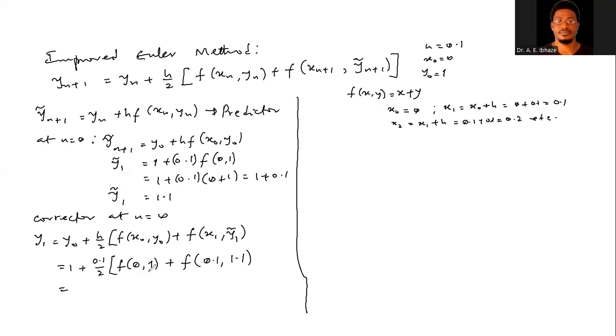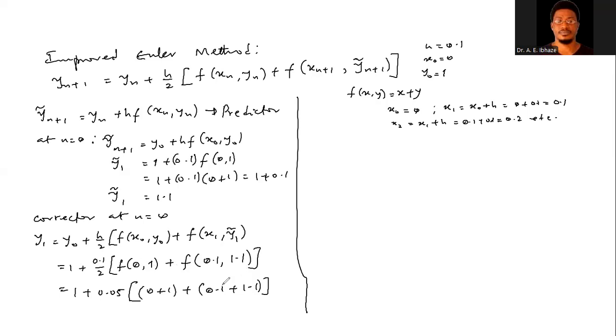We can evaluate this and this using the formula. So we know this is going to be x plus y, for which x is 0, y is 1, and at this point, x is 0.1, y is 1.1. So this is going to give us 1 plus 0.1 divided by 2, 0.05, into bracket 0 plus 1, plus 0.1 plus 1.1. Okay.